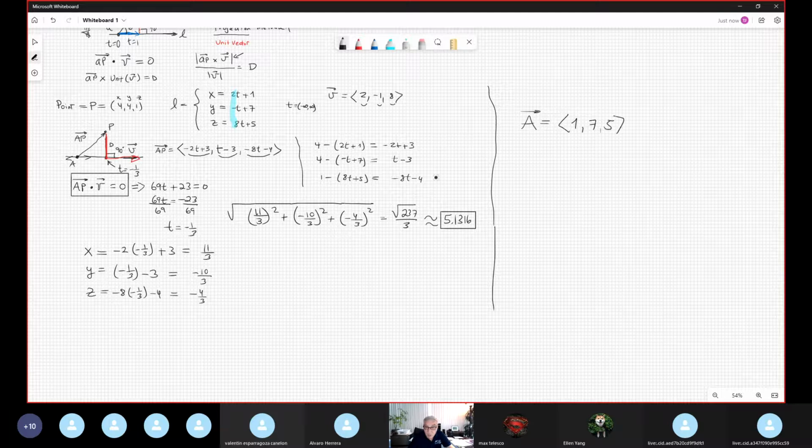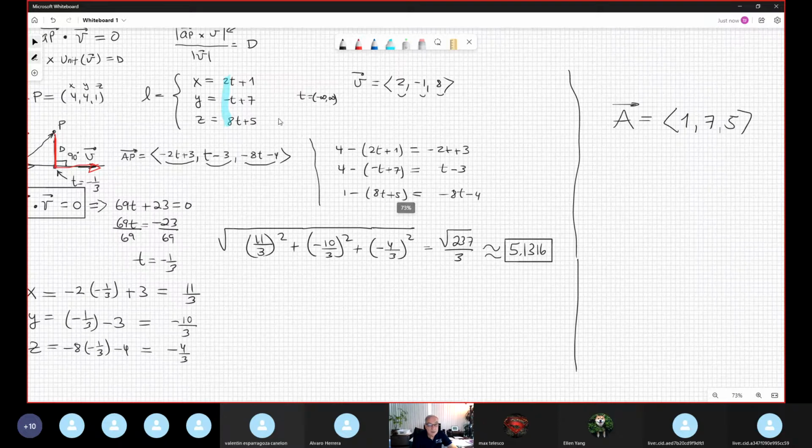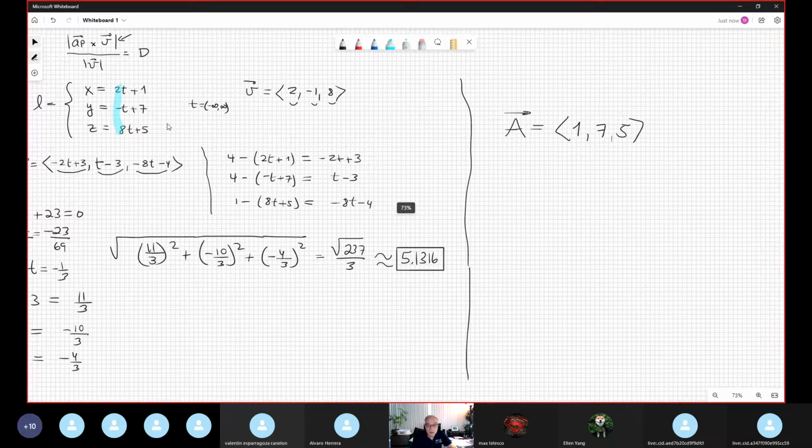Where does that number come from? Well, in the parametric equation of the line, I assume t equals 0. You can assume anything, and the easiest is t equals 0. So basically, you take that number, and this is one specific point.